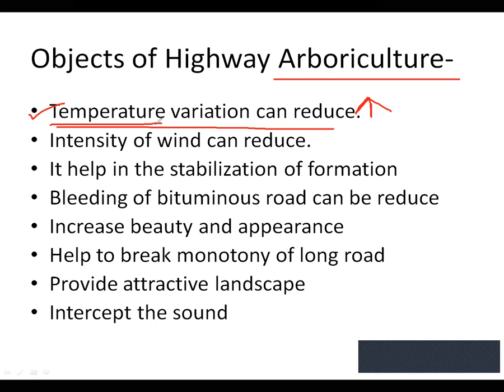Bleeding of the bituminous road surface in the summer season can be prevented. Most of the time it happens that on a bituminous road the bitumen gets melted due to the high heat, and only rough surfaces remain at the top.